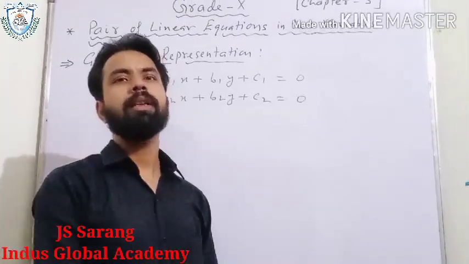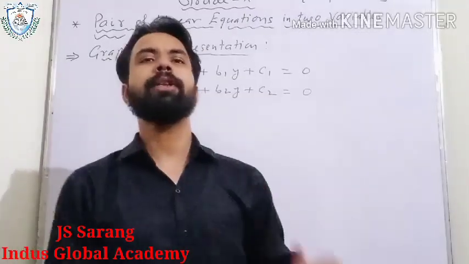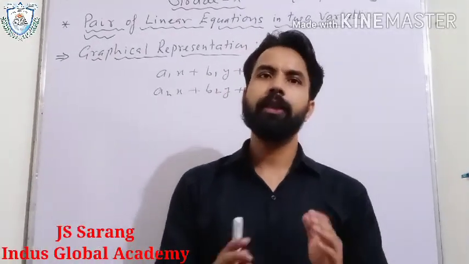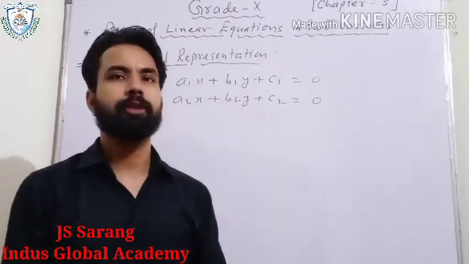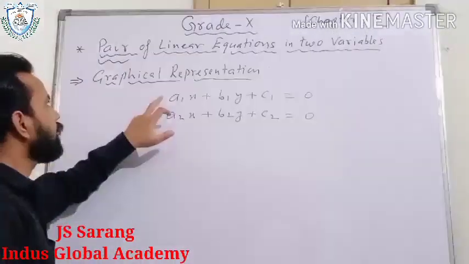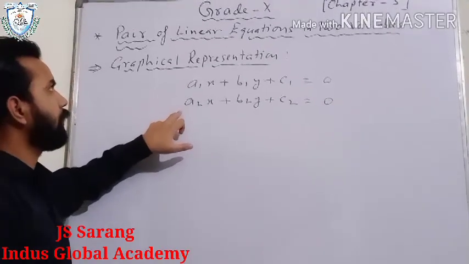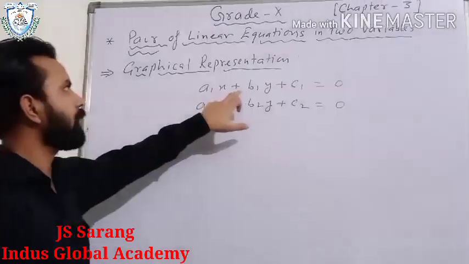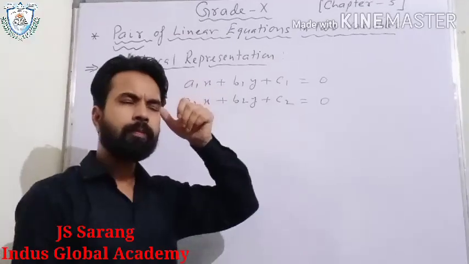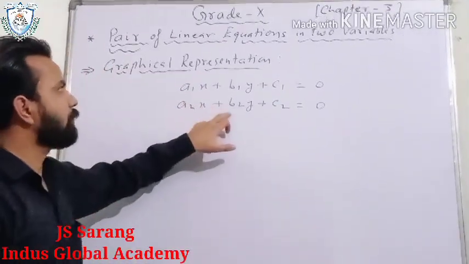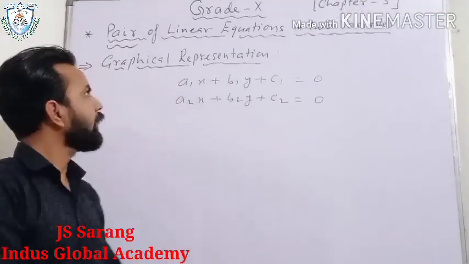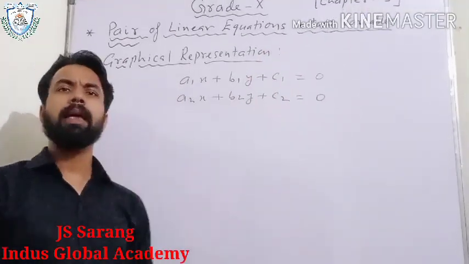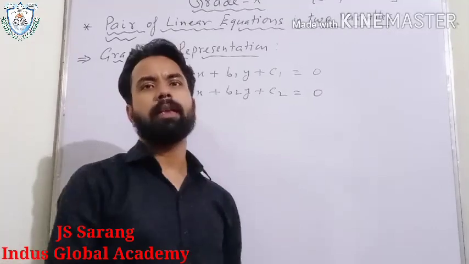Students, now we will discuss the graphical representation of a pair of linear equations in two variables. Consider there are two linear equations in two variables. First is a1x + b1y + c1 = 0. Second is a2x + b2y + c2 = 0. So beta, if we plot the graph of these two equations, then there are three possibilities.